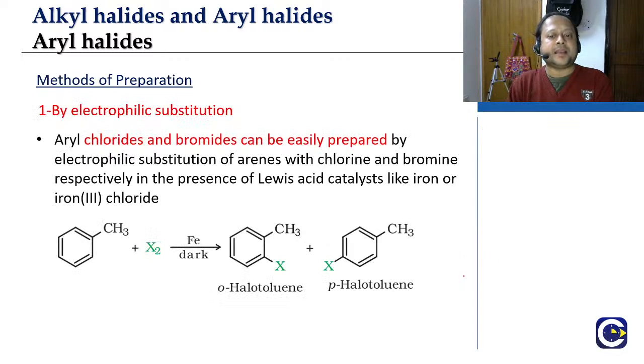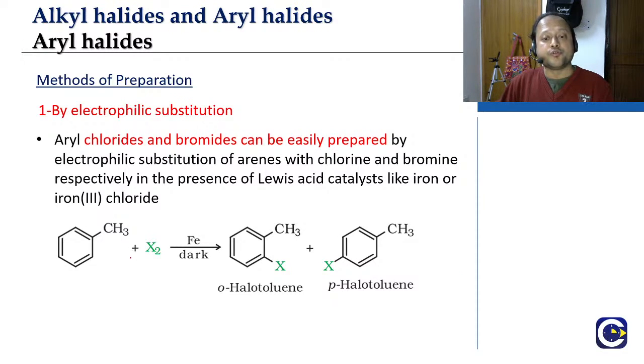Okay, then let's talk about the preparation part, how it is done, right? The first method that we are going to talk about is the electrophilic aromatic substitution method, right? Mainly chlorides and bromides are prepared by this method.